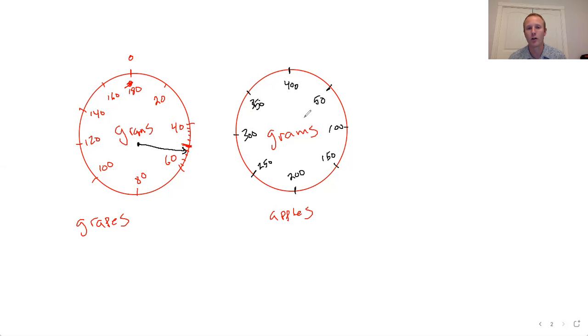It's 0 or 400. So if it makes it all the way around back here, it's 400. So if there was nothing on the scale and it was pointing straight up here, it'd be 0. If there's something on the scale and it's pointing back up here, it's 400.